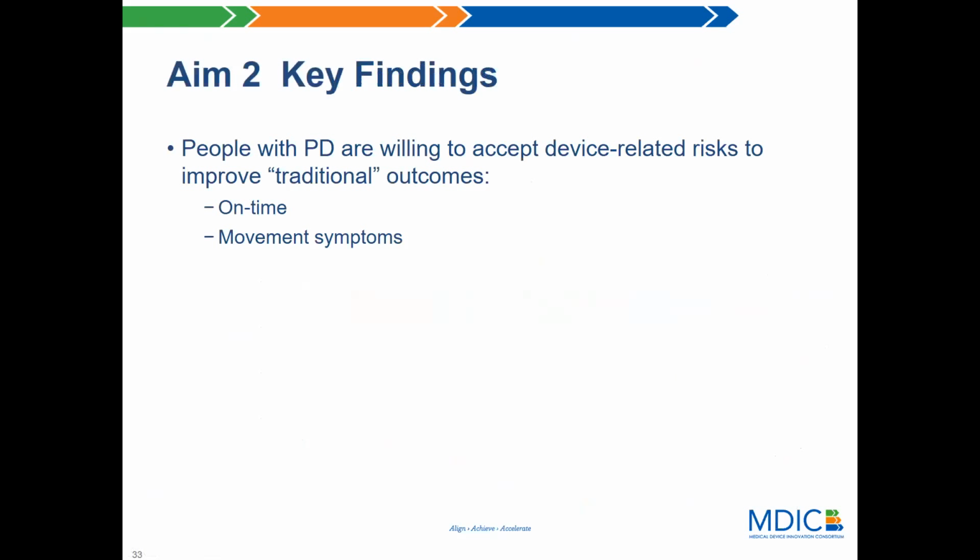So, to really sum it up, and it was hard to sum this up, frankly, because we have so much data and so many interesting findings about how people with different characteristics view different benefit-risk trade-offs. But in general, not surprisingly, people with Parkinson's disease are willing to accept device-related risks for those traditional outcomes that we would see in existing trials, which are typically on-time and movement symptoms.